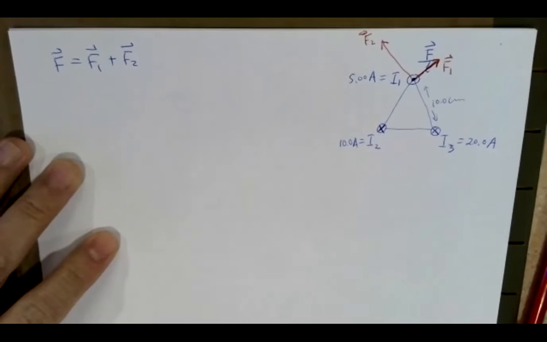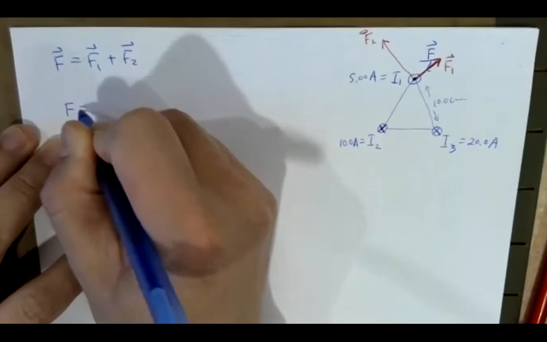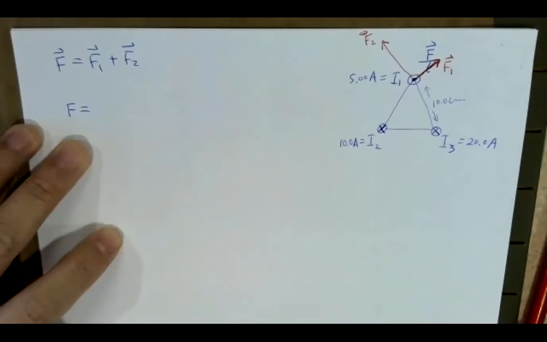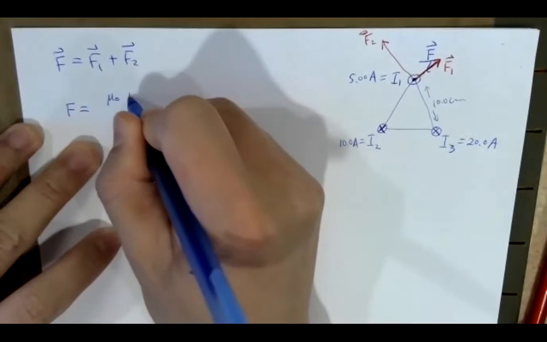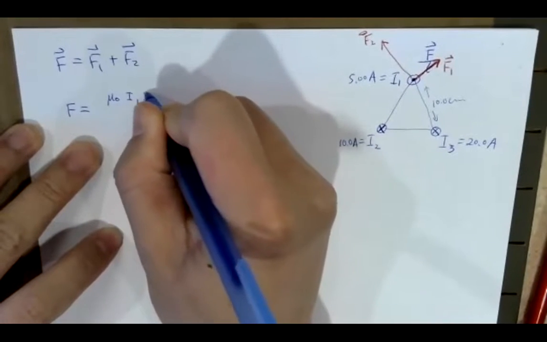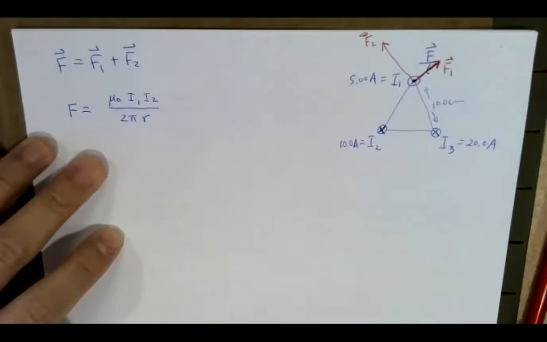All right, so it says force per 1 meter. The magnetic force between two current carrying wires is mu naught times I1 times I2 over 2 pi r, where r is the separation of the two wires.